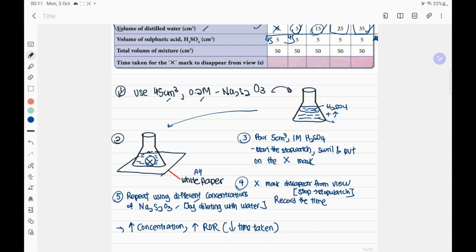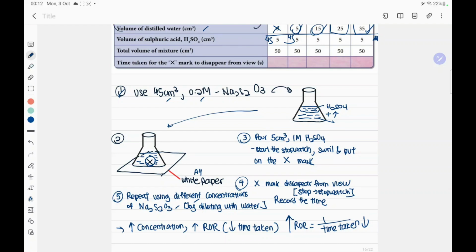Okay, recapping the previous chapters, we all know that the rate of reaction is 1 per time taken, 1 per unit time. So when the time becomes less, which means the X mark disappears very fast from view, and because it is inversely proportional, we know that the rate of reaction is going to be higher.